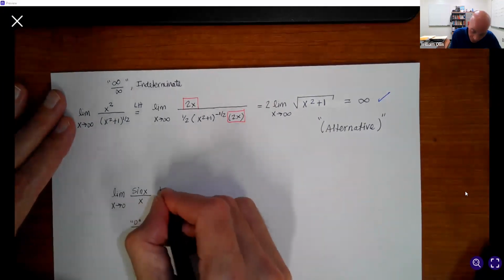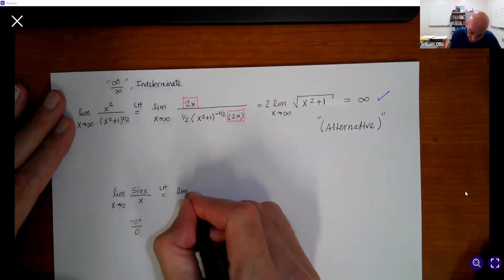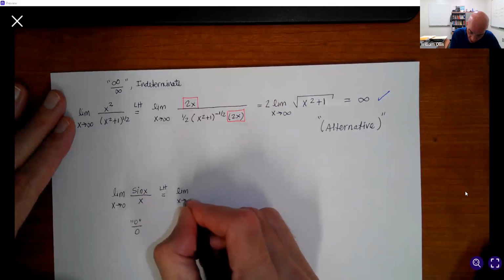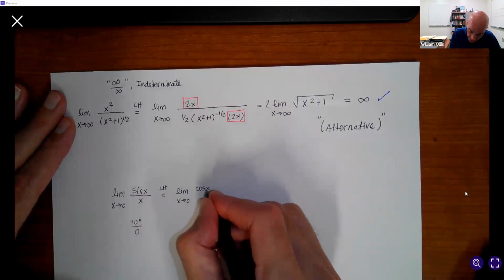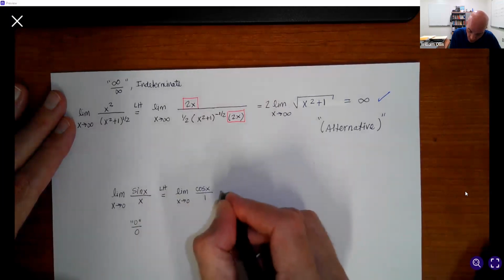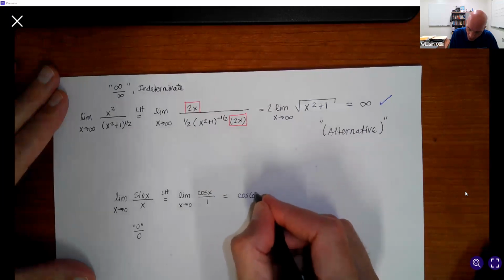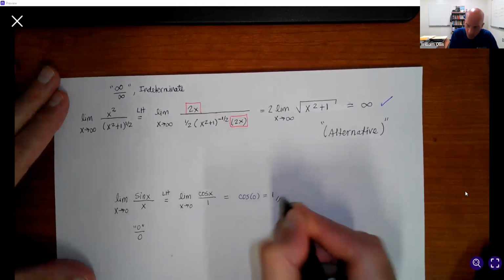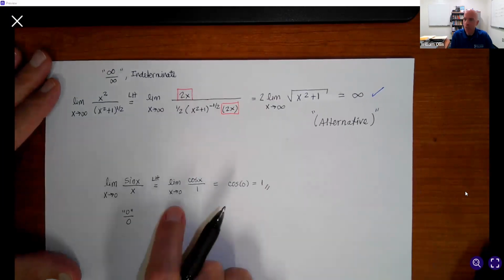So if you wanted to apply L'Hopital, you could. So you have the limit as x approaches 0, the derivative of sine is cosine, and the derivative of x is 1. But of course, this is just a simple limit. This is continuous. Cosine of 0 is clearly 1. Well, of course, that is trivial compared to all of the work that we had to do to prove that.